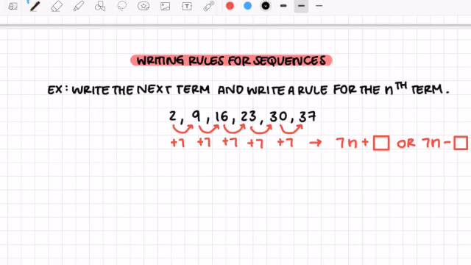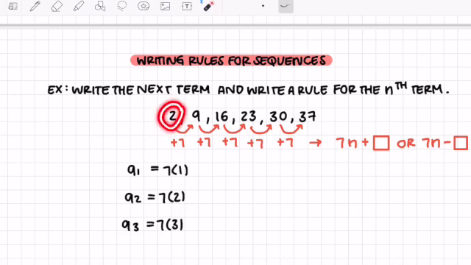So if I have here 7 times 1, and I will do 3 terms. So I'll do it when n is equal to 1, n equals 2, we get here 7 times 2, and we have here the third term, 7 times 3. I want it to equal the first 3 terms of my sequence.